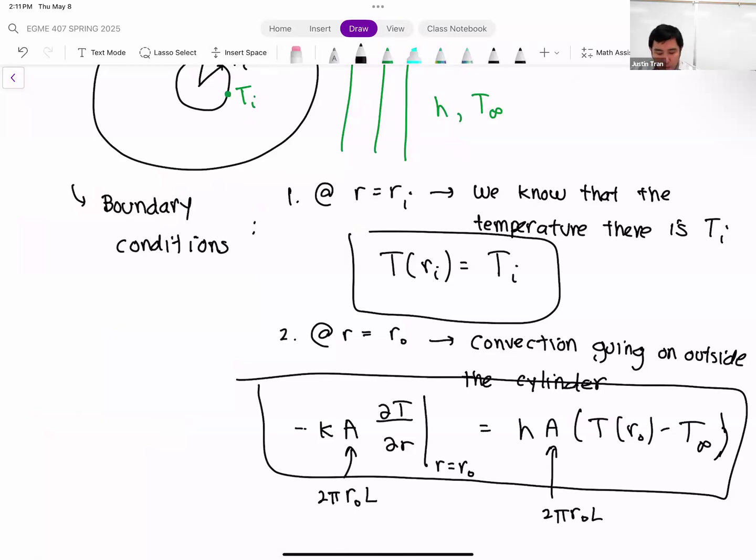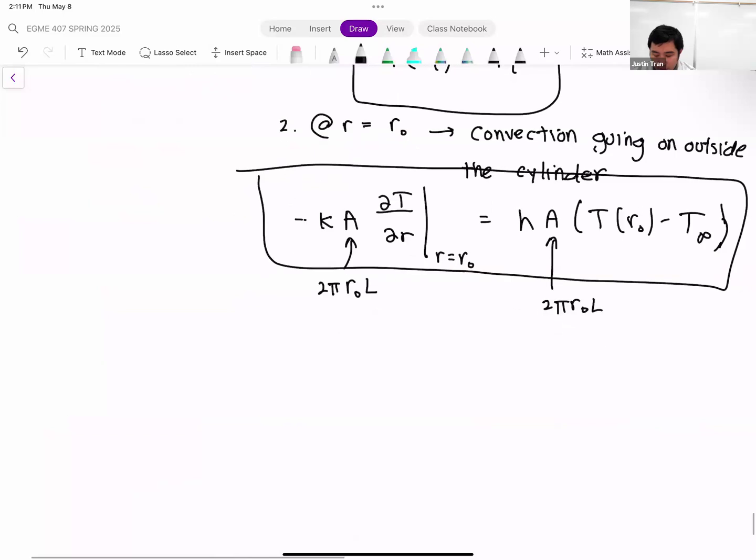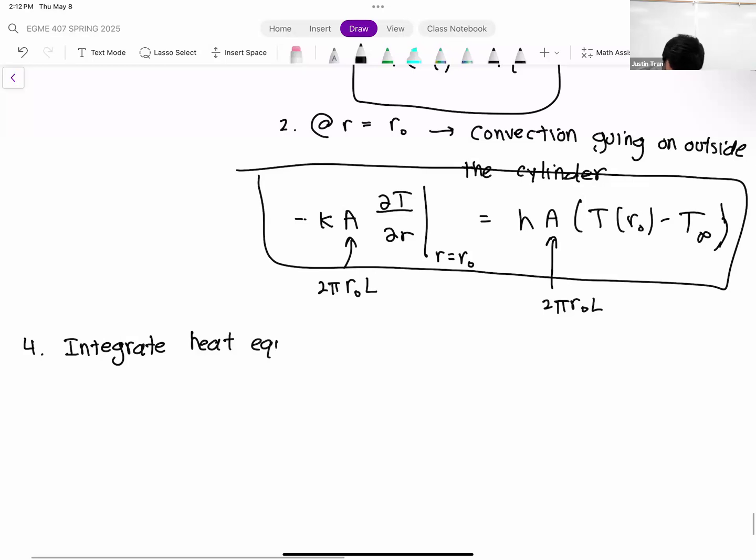All right, so now that we have our heat equation in its final form, we have the boundary conditions. Next step finally is to integrate our heat equation. And so the heat equation is always going to be a second order equation, and so you're going to be integrating twice.